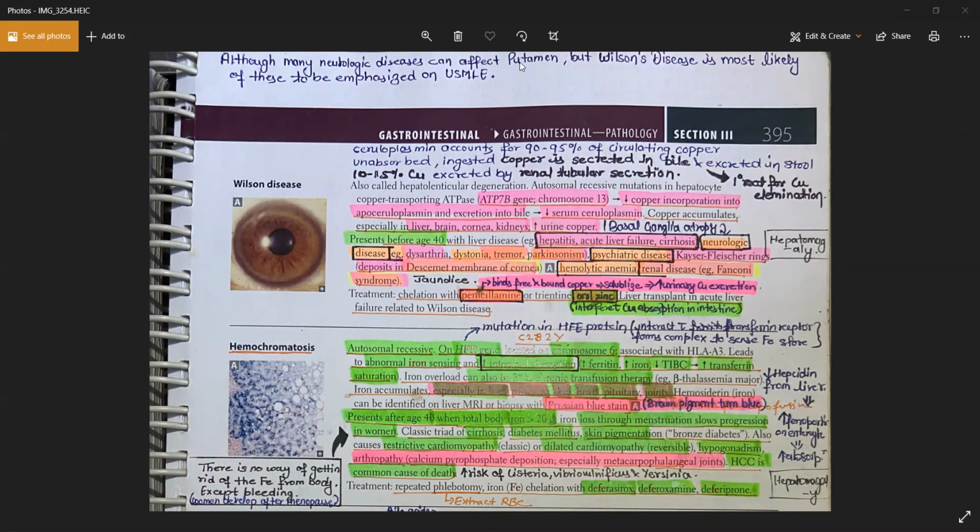Where does it present? How can I explain this? Let me try. This is your thalamus.